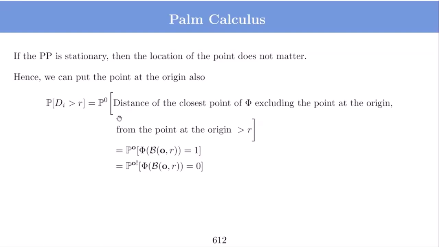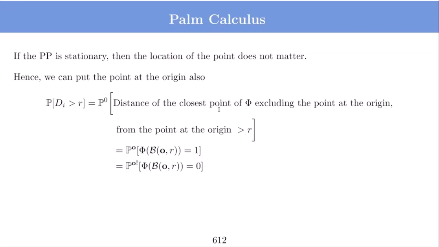So if you take the point at the origin, then this will be conditioned on there being a point at the origin, and then the distance of the closest point of phi from the origin, excluding the point at the origin. When I look at the closest point, I am looking at the neighbor, so I don't include the point at the origin in this list, because if you include it, it will be the closest one from itself, and the distance will be 0.